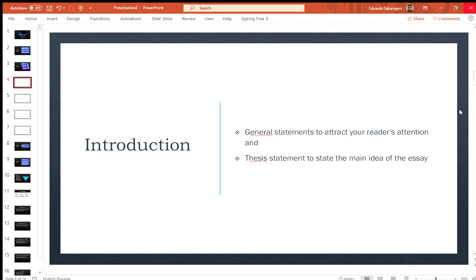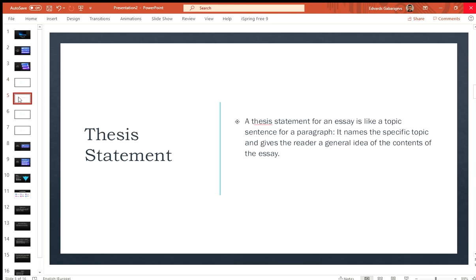So the topic is again very big. We start in general terms, and we slowly get to our main problem, the main problem stated in the thesis statement.